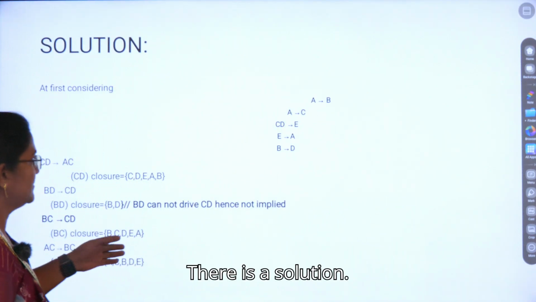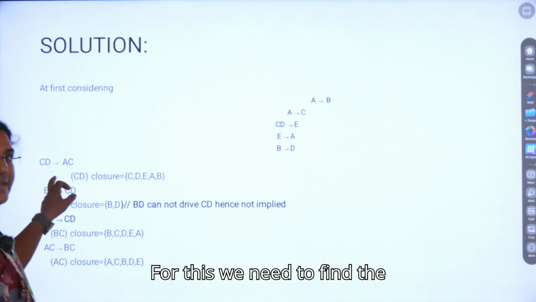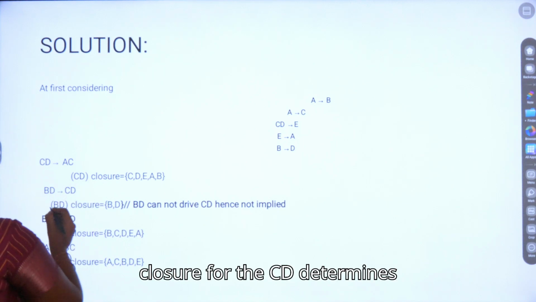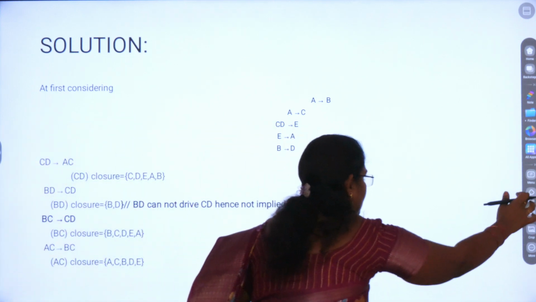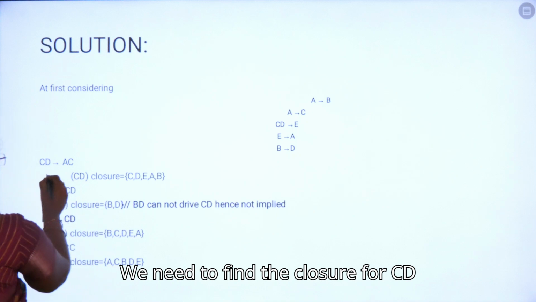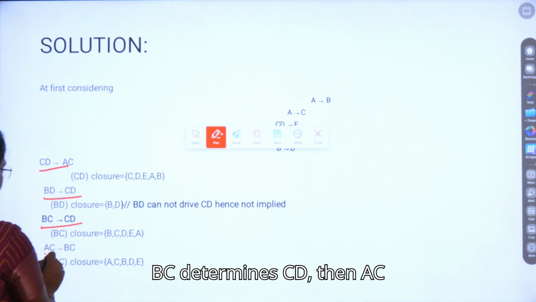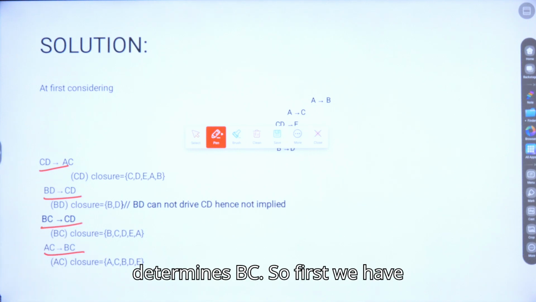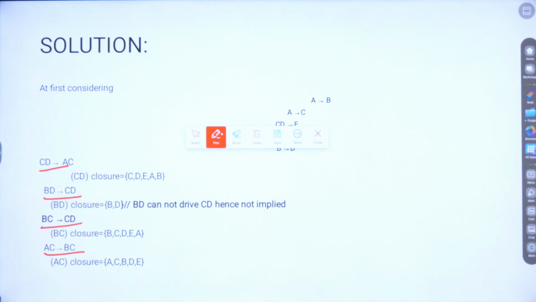For this, we need to find the closure for CD determines AC, BD determines CD, BC determines CD, then AC determines BC. So first we have to find the closure of CD.